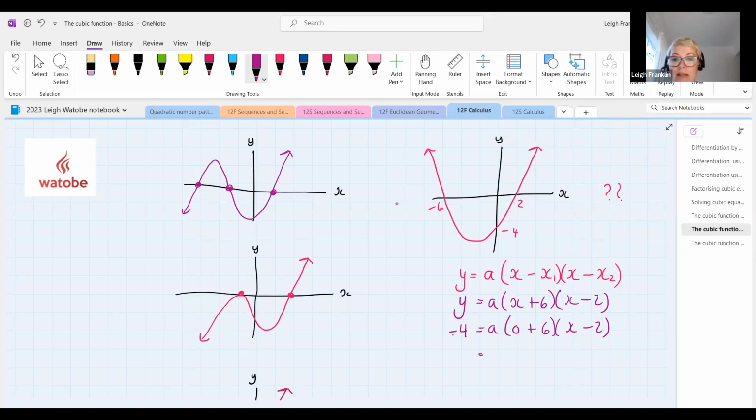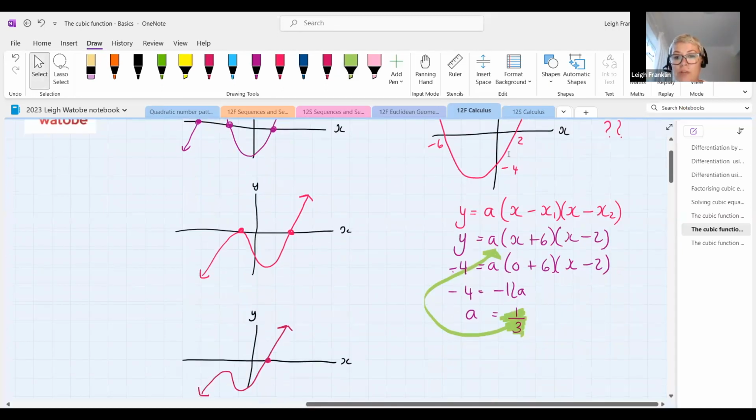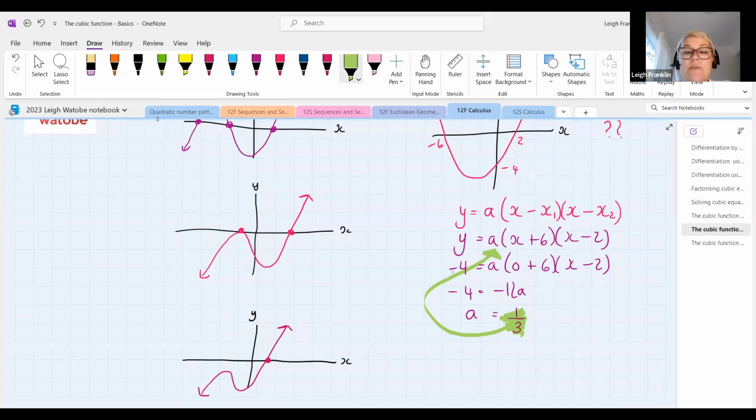In this particular case, it would end up being -12 a, which equals -4. As I said to you, a is not going to work out to be something very nice, but in this case, it works out to be 1/3. And then if you recall, you took that value, this 1/3, and you needed to sub it back in over here. And then you would have had to multiply everything out in order to get the values of A, B, and C in your quadratic.